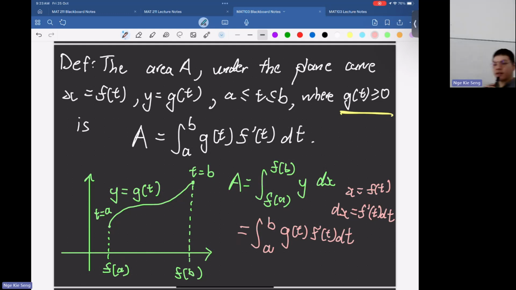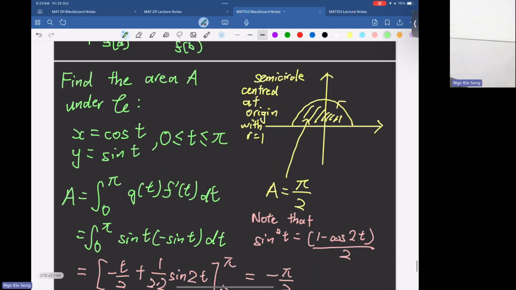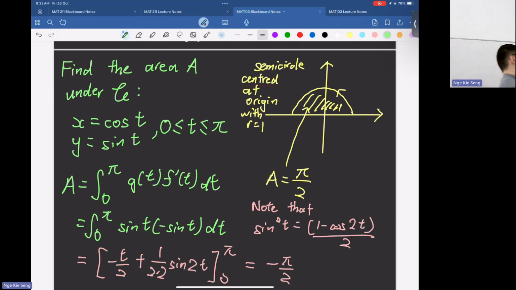So last time I said that if you look at your time, you can draw an orientation on the line. Orientation on the line means you can only go two ways: either left or right. In this case here, you go from left to right. But in the other case, t goes from 0 to pi, so you're actually going from right to left.